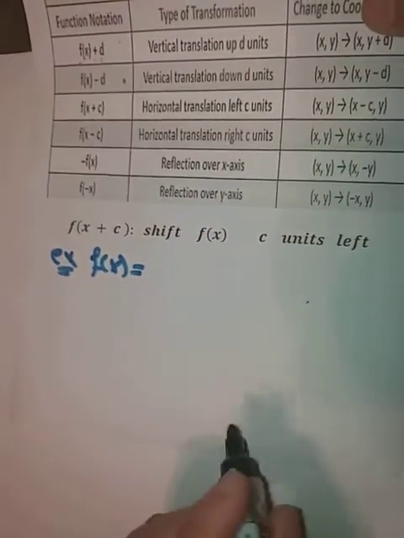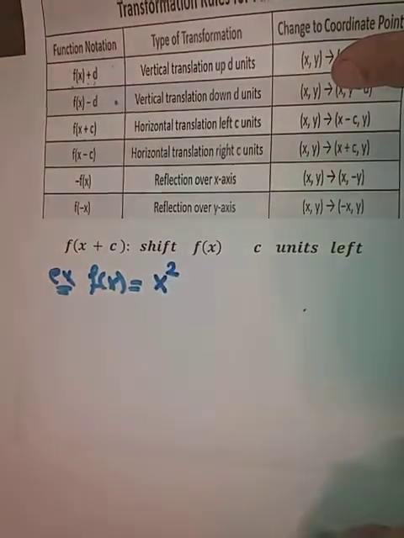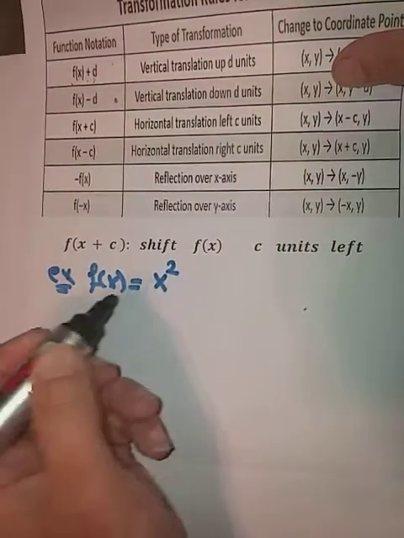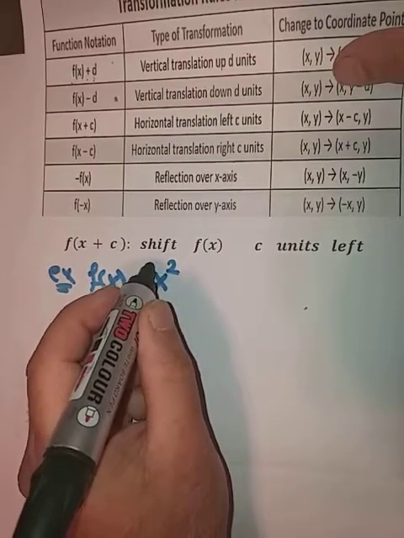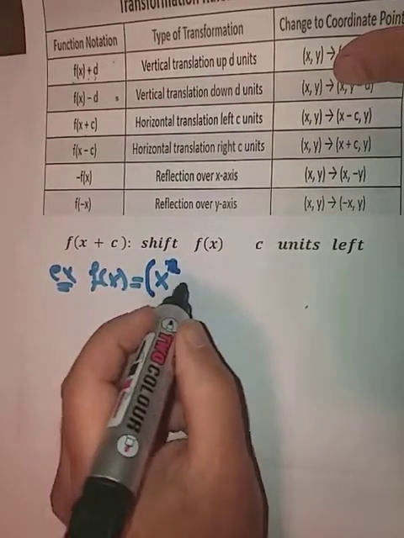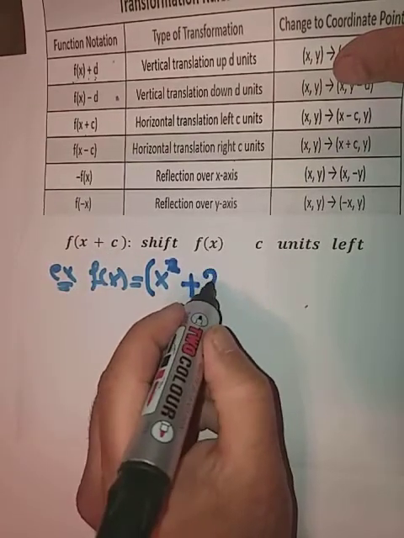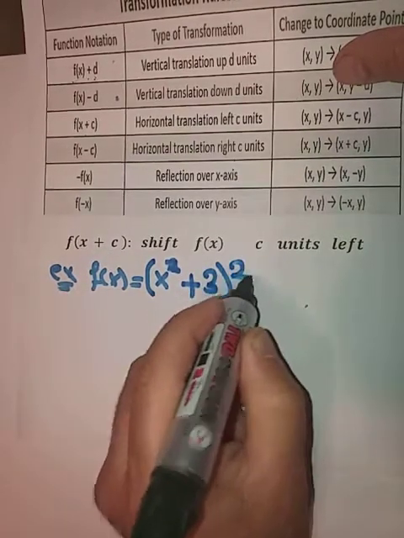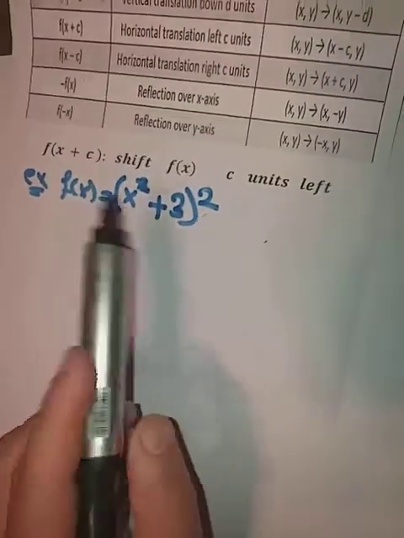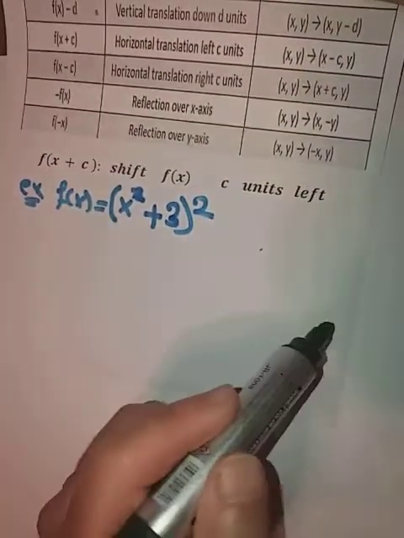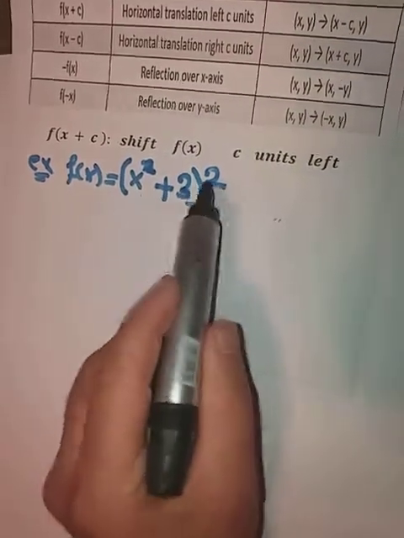If you have f of x equals x plus 3 all squared. Okay, sketch the graph of this function, x plus 3 all squared.